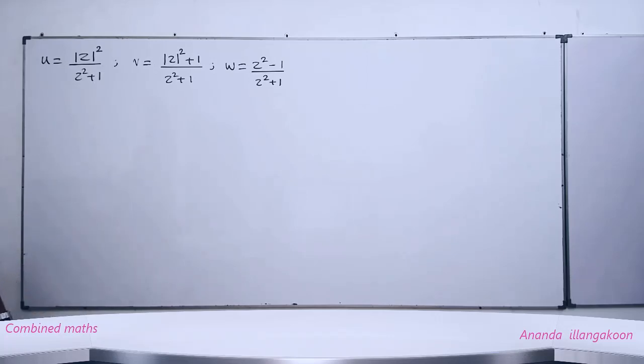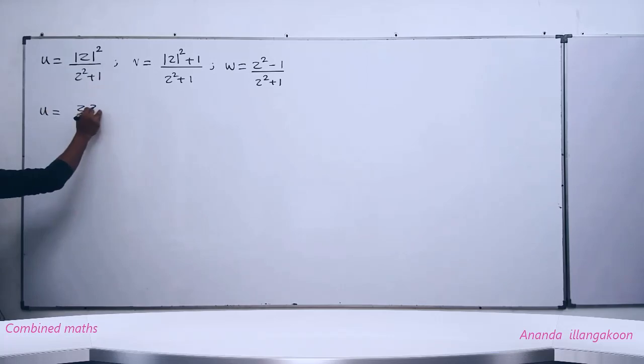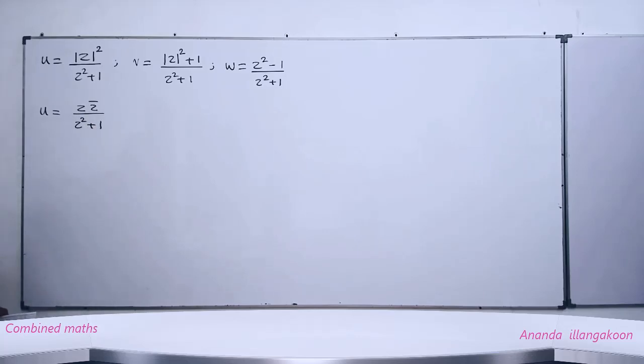Now, the easiest way of getting this answer, people: u equals mod z squared, which we write as z bar, divided by z squared plus 1. Now, mod z squared is equal to z bar. Now I can divide both this numerator and denominator by z, giving z bar divided by z plus 1 upon z.